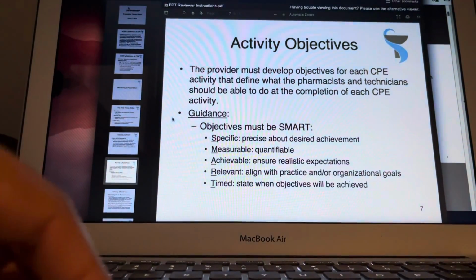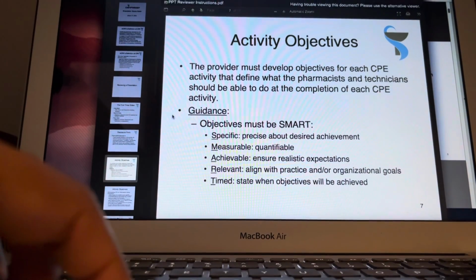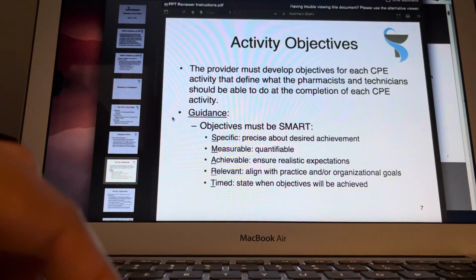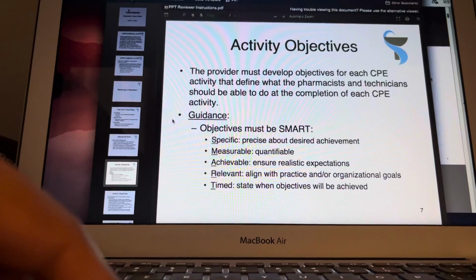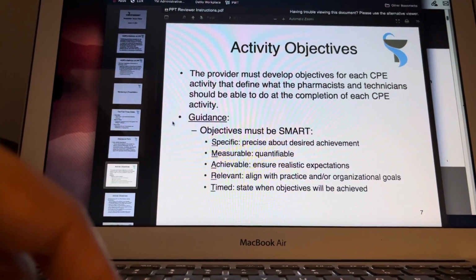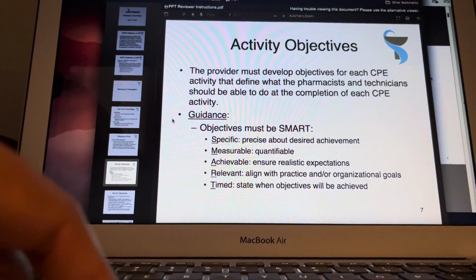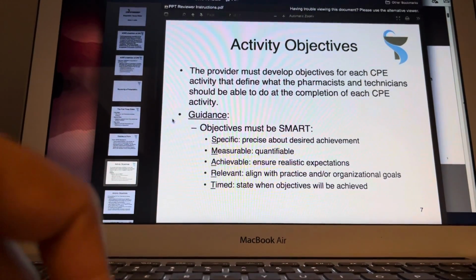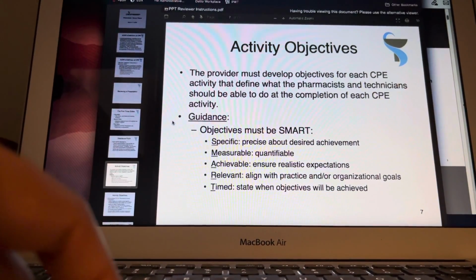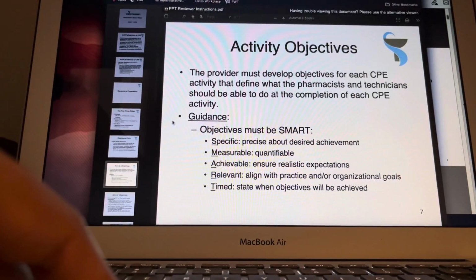The activity objectives are as follows. The provider must develop objectives for each CPE activity that define what the pharmacists and the pharmacy technicians should be able to do at the completion of each CPE activity. And in terms of guidance, we have the acronym SMART in order to remember what the objective should contain.